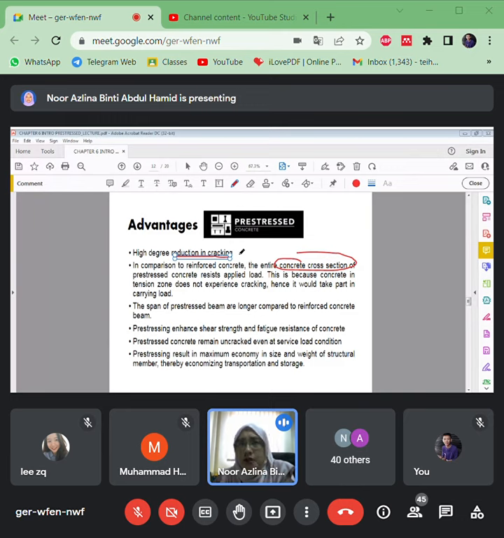At the same time, it improves the performance of the reinforced concrete, compared to the conventional one. And the pre-stressed beams are longer. So that's why pre-stressed or precast is usually used for bridges that need long spans for the girders, for the beams and so on.